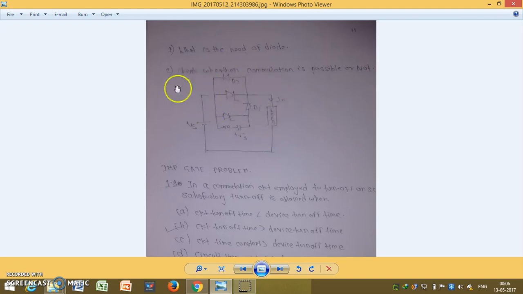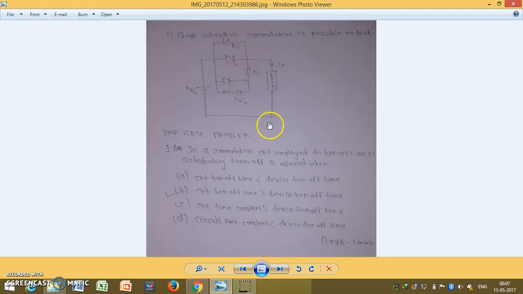So this circuit is not working, because the voltage drop across this thyristor applies reverse bias across D2, so it will be turned off.